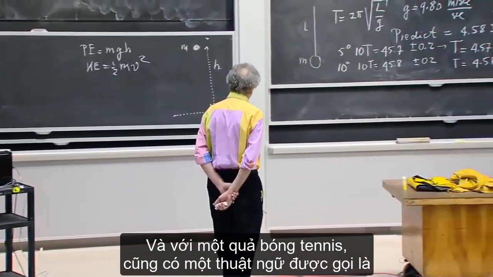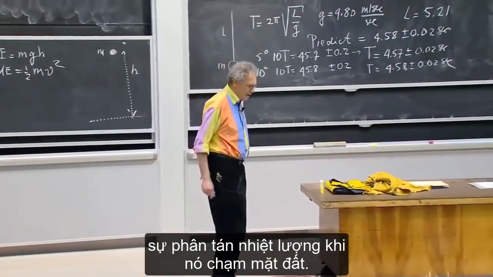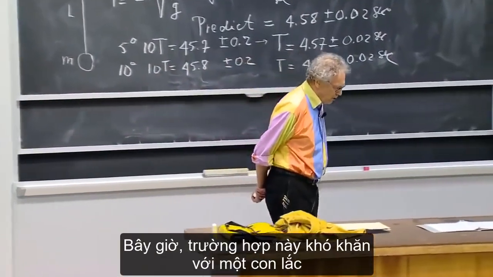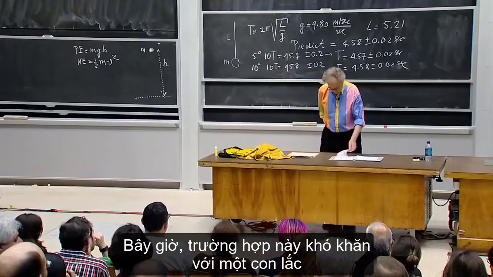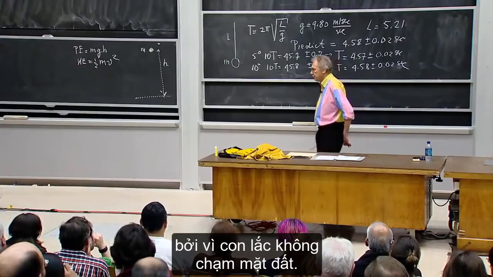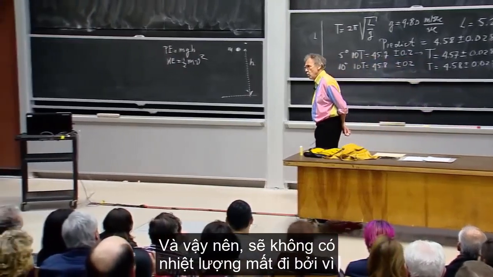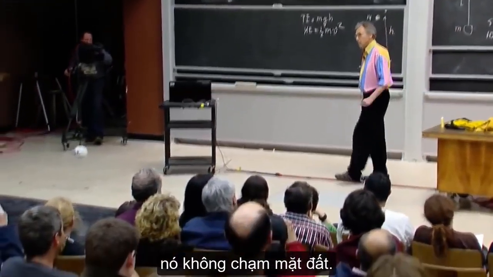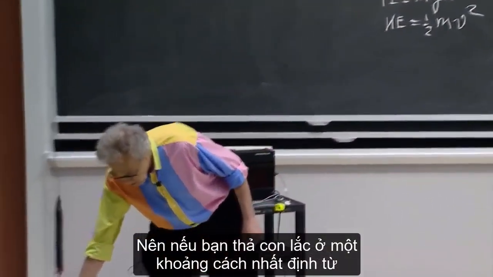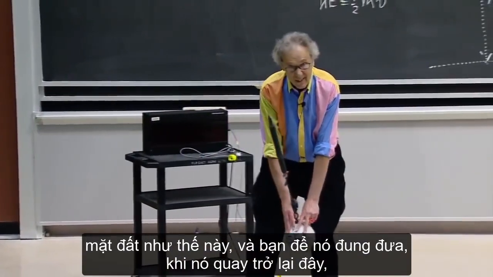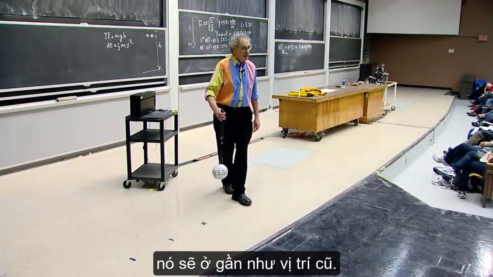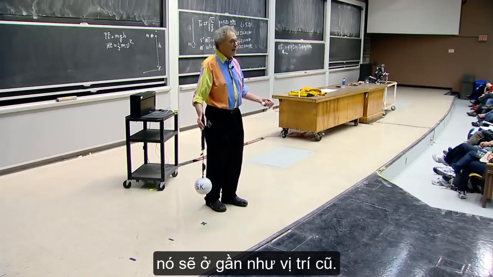And with a tennis ball, there is also what we call the dissipation of heat when it hits the floor. Now, the situation is different with a pendulum, because a pendulum doesn't hit the floor, and so there is no heat loss. So if you bring a pendulum at a certain distance above the ground, like this, and you let it swing, when it comes back here, it is almost exactly at that same height.